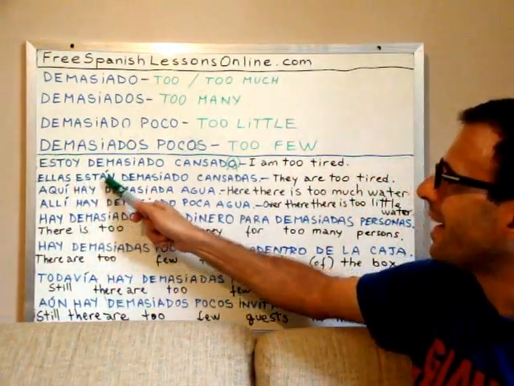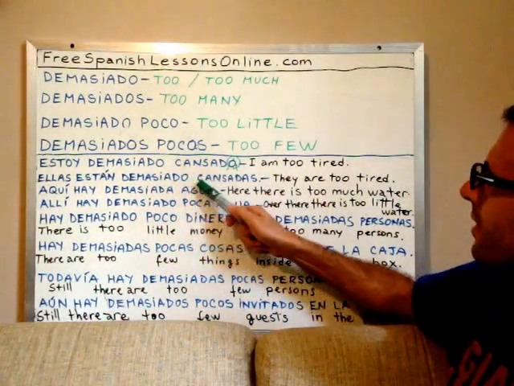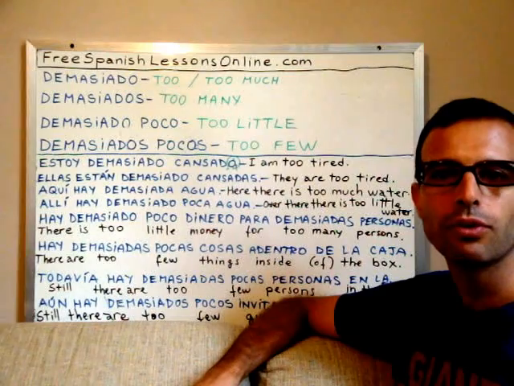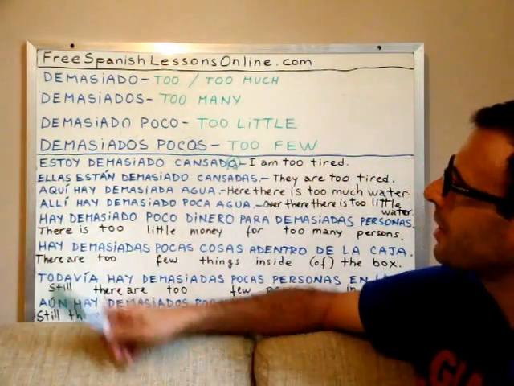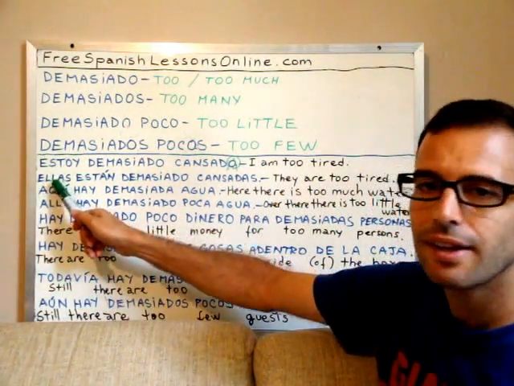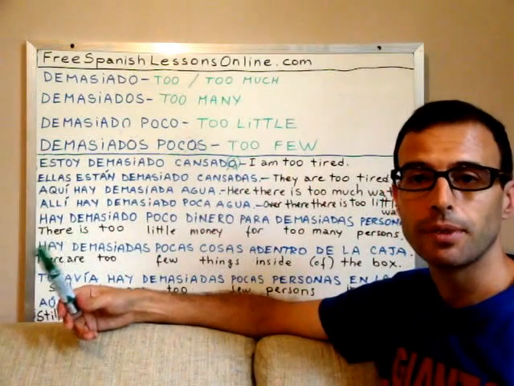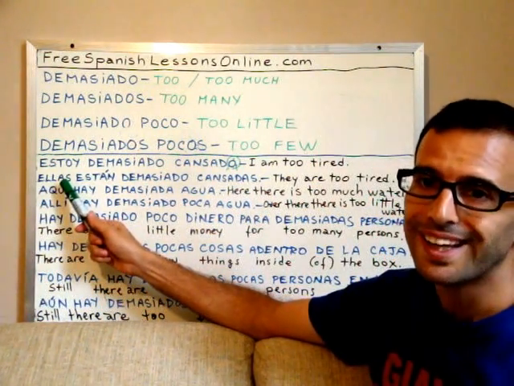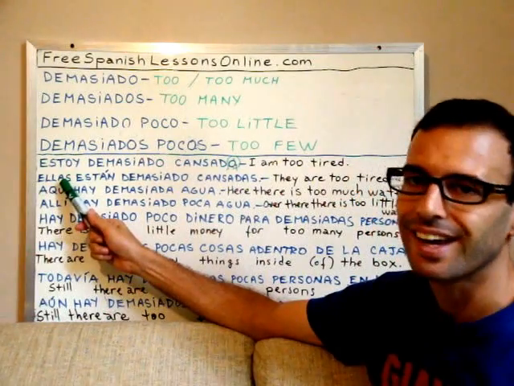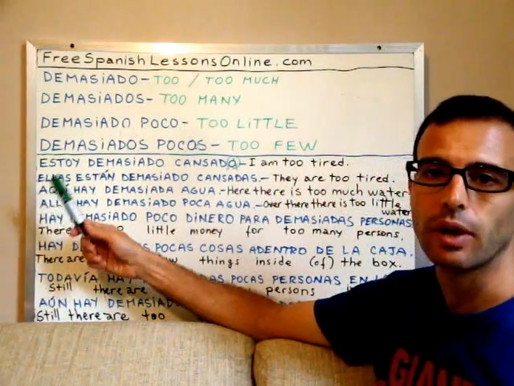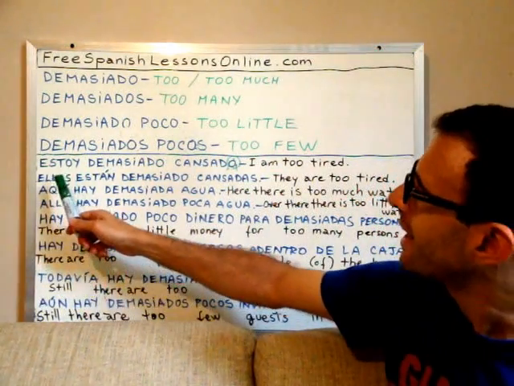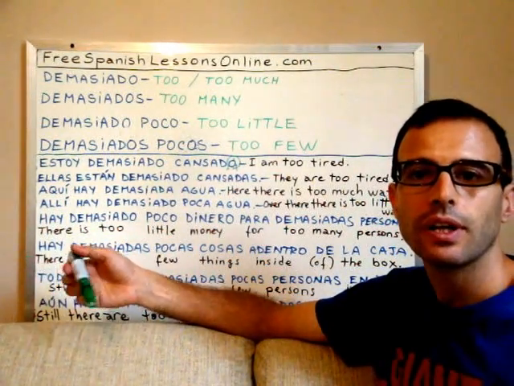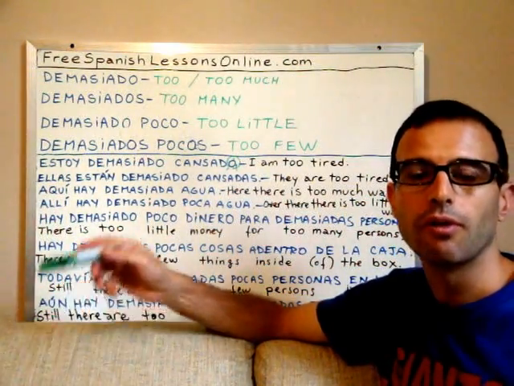Ellas están demasiado cansadas. They, remember, ellas means they, feminine, okay? They, masculine, would be ellos, and this is ellas. These are women or girls, or can also be objects that are feminine, okay?